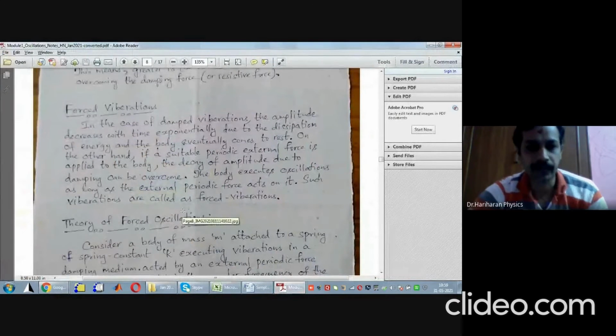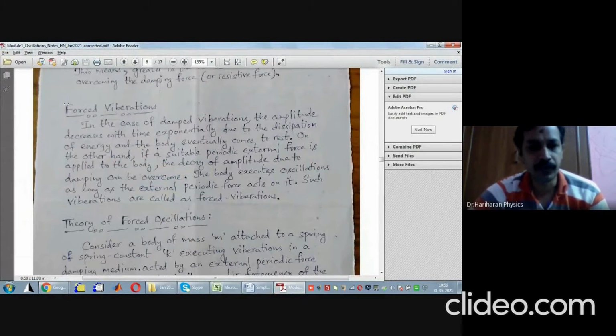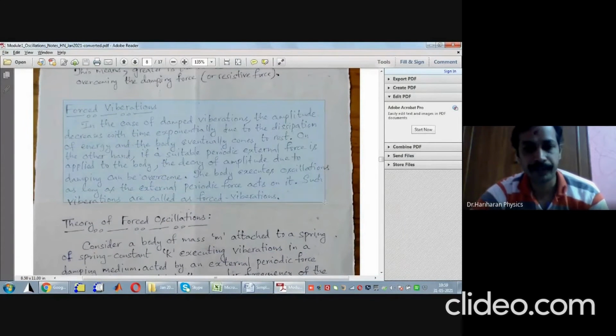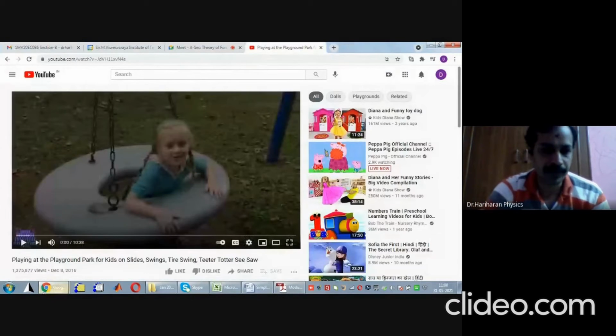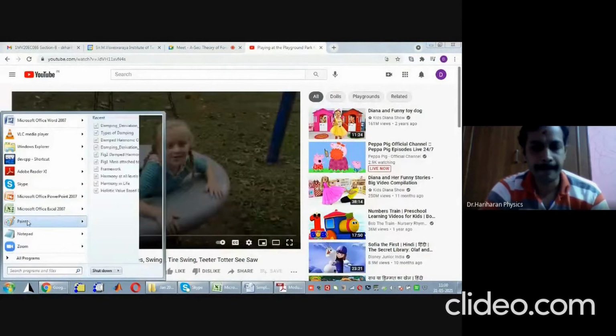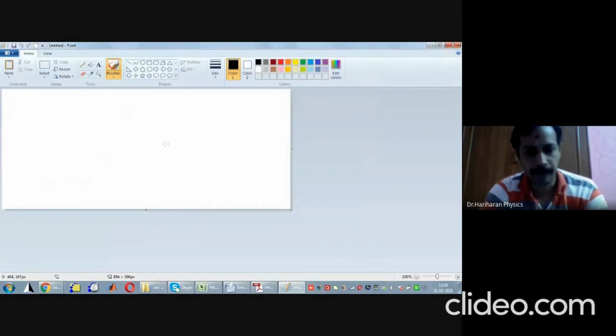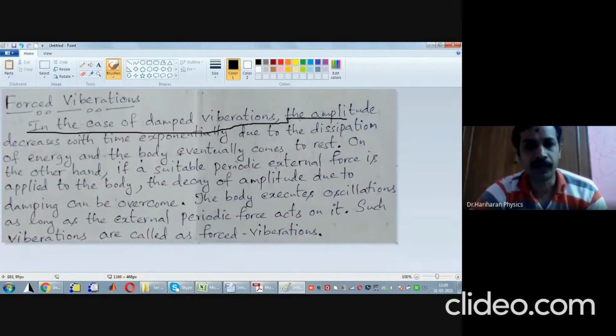So in the case of forced oscillations, what happens? In the case of damped vibrations, the amplitude decreases with time exponentially.